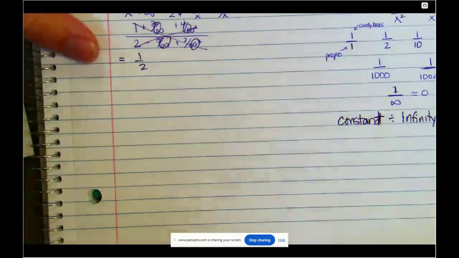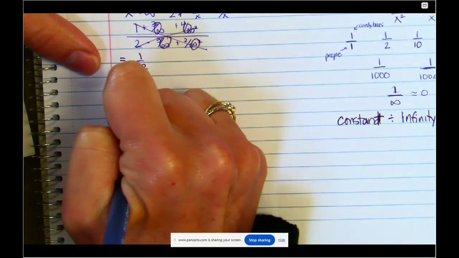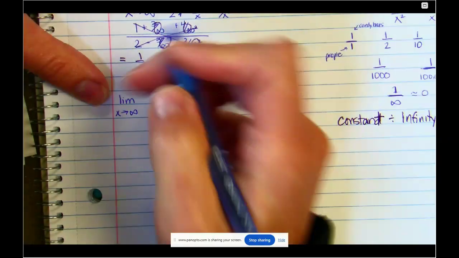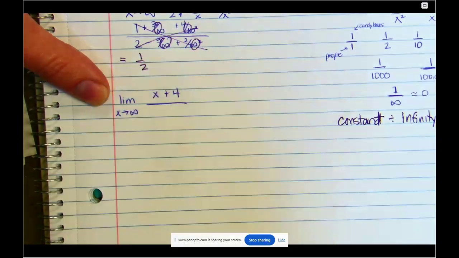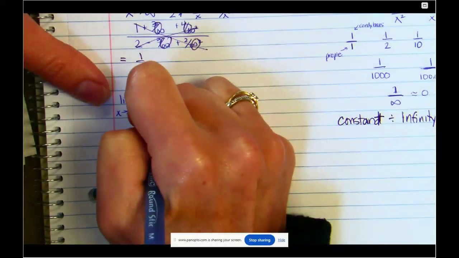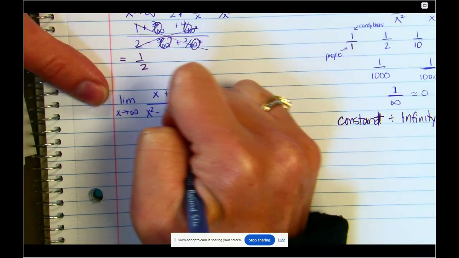So this is how you do limits with infinity. Let's do the limit as x approaches infinity of x plus 4 over x squared minus x plus 5.